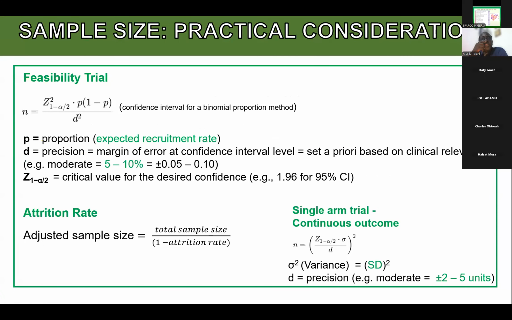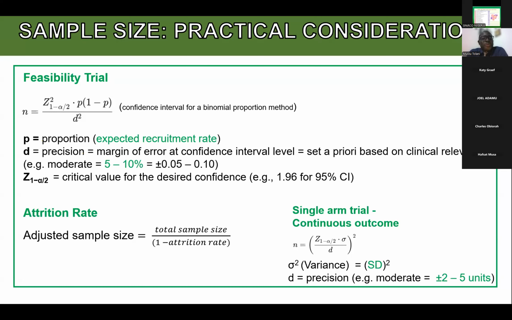One common thing we experience while trying to run studies or trials is that data is not available in the initial period because perhaps nobody has done anything about it. That's where a feasibility trial comes in, and using a confidence interval approach to calculate sample size is really applicable in this case.